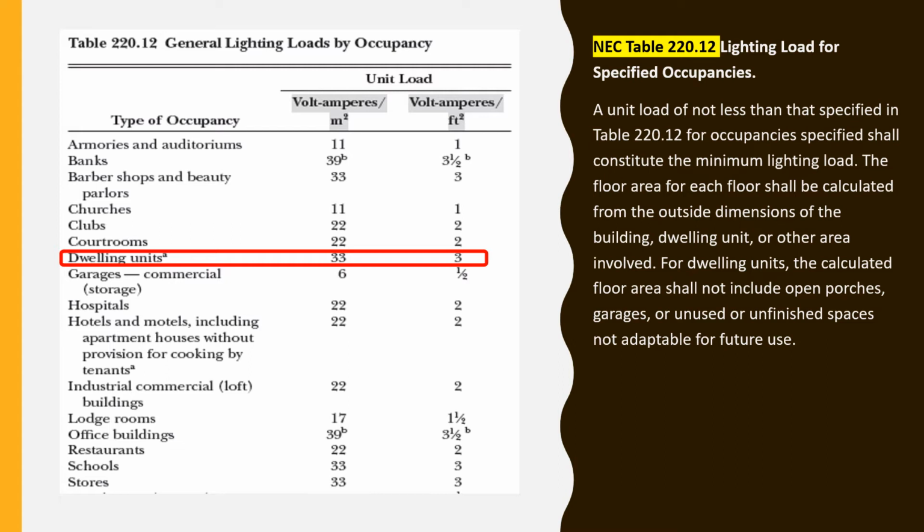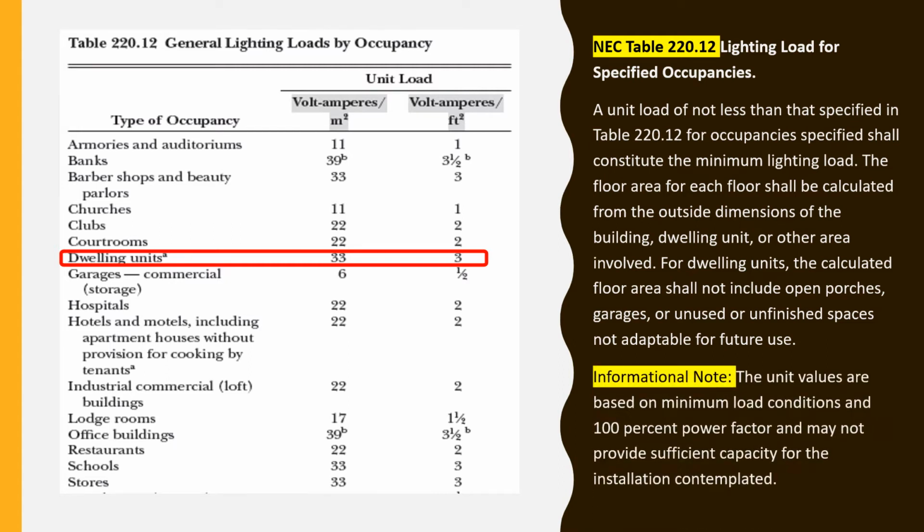For dwelling units, the calculated floor area shall not include open porches, garages, unused or unfinished spaces not adaptable for future use. So these are just some notes regarding this table. And as an informational note, the unit values are based on minimum load conditions and 100% power factor and may not provide sufficient capacity for the installation contemplated.